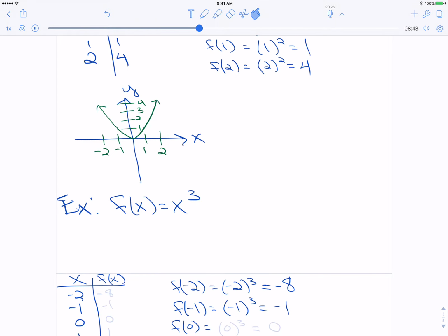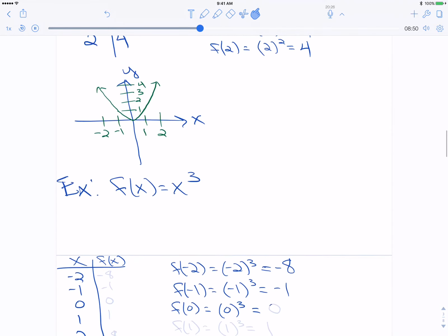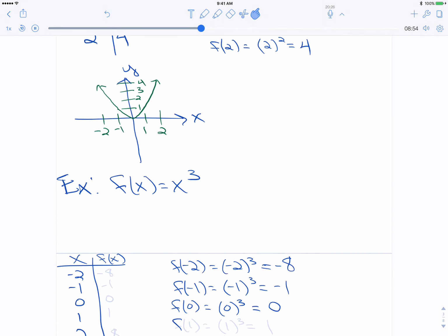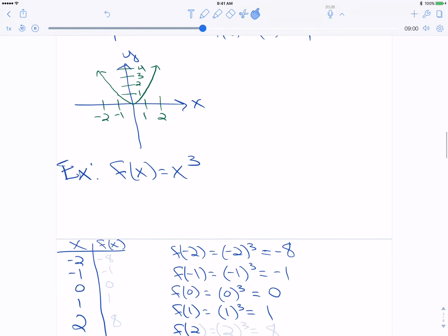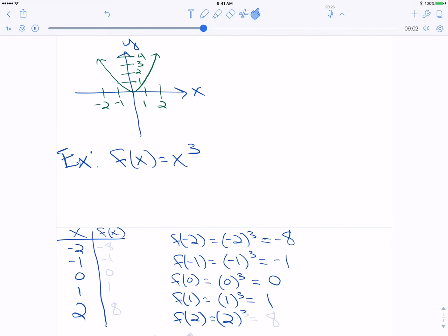F of 0, 0 cubed, as many times you multiply by 0, it's still 0. F of 1, we have 1 cubed, getting us just 1. And F of 2 is going to be 2 cubed. 2 times 2 times 2. 2 times 2 is 4. 4 times 2 is 8. Right? So we have -8, -1, 0, 1, and 8.